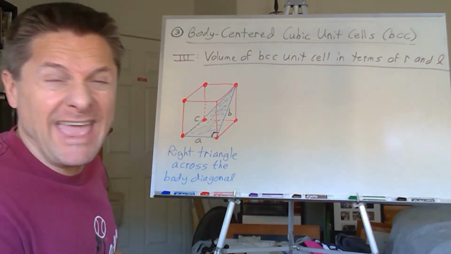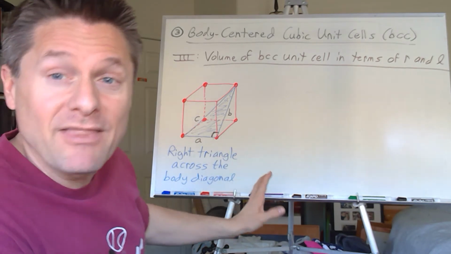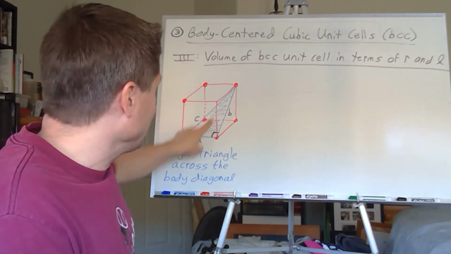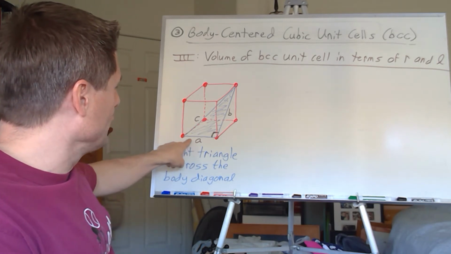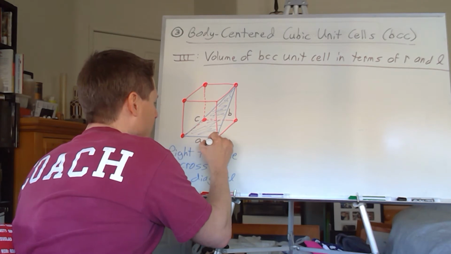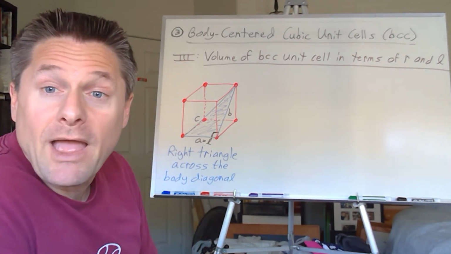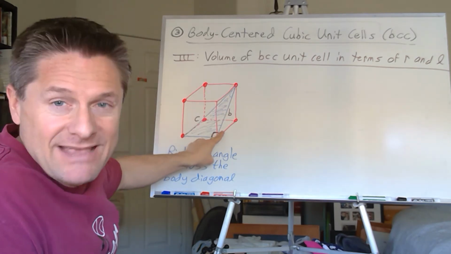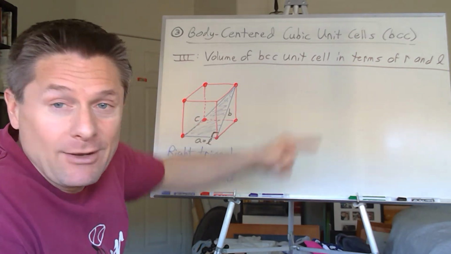Oh, this gets complicated. Still a right triangle though, so we can apply the Pythagorean theorem. So we're taking a right triangle across the body diagonal. Would you agree that this edge length A is equal to L? That's pretty easy. But B is a face diagonal, and C is a body diagonal.